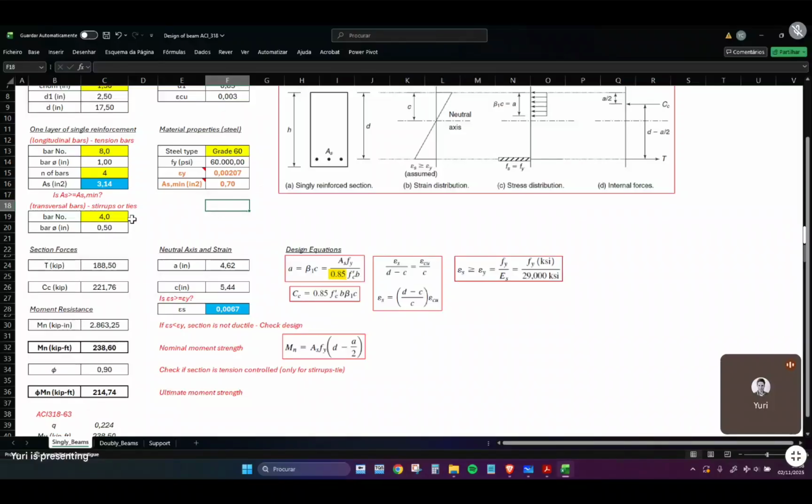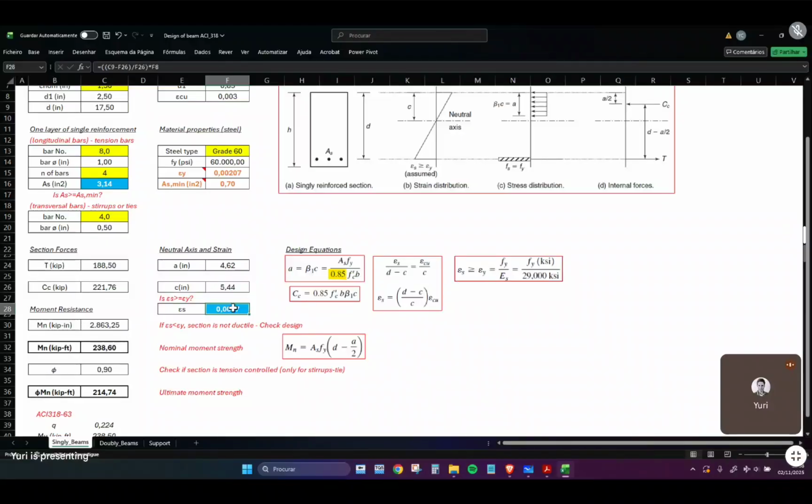And here it checks the a, calculates a, 4.619, something like this, and the c, the depth of the neutral axis, and also calculates the stress and the strain in the reinforcing steel.